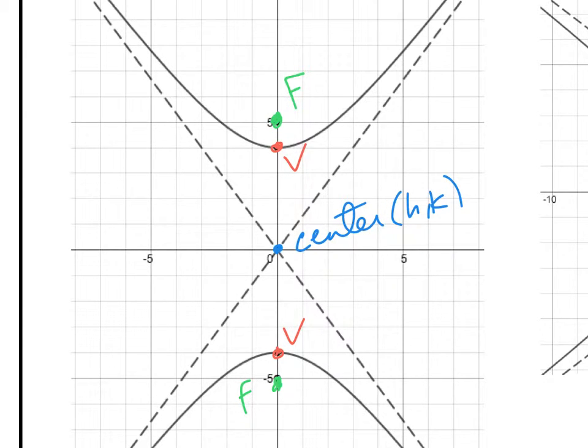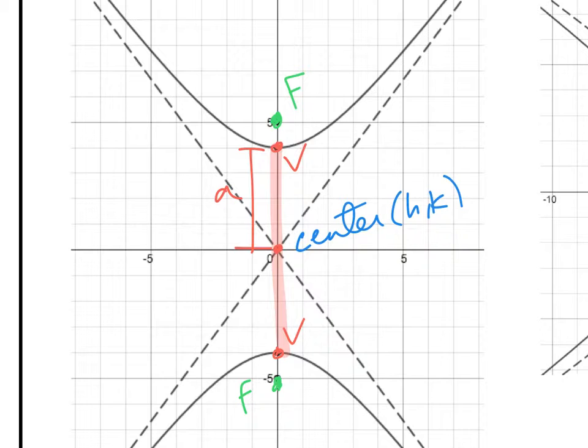Next part, this is the hard part, the A, B, C. It's very different from ellipse. A is the distance between the vertices. Sorry, this is 2A. A is going to be half of it. Are you guys okay? You guys look a little bit confused.